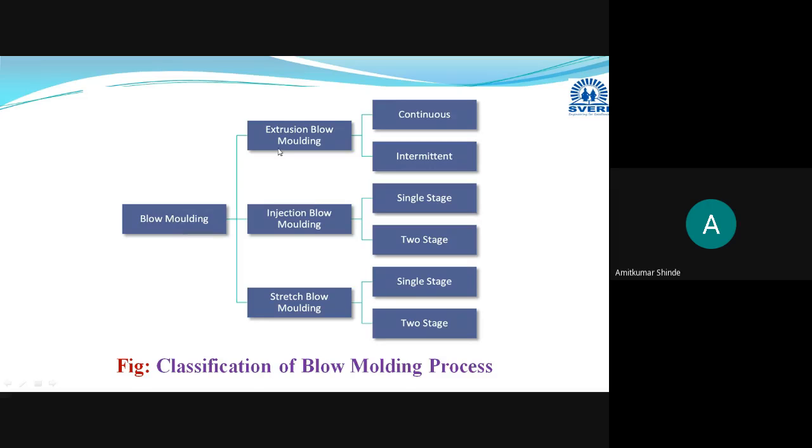For blow molding, there are three types: extrusion blow molding, injection blow molding, and stretch blow molding. The further classification I have added for your information only. Then I will tell you the basis on which this classification is done.